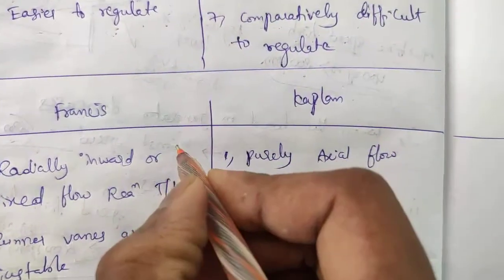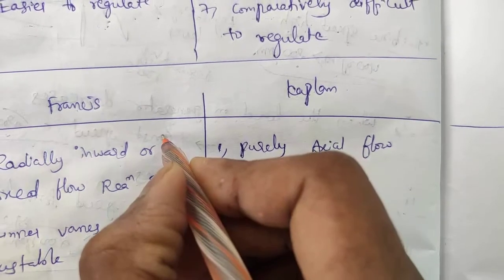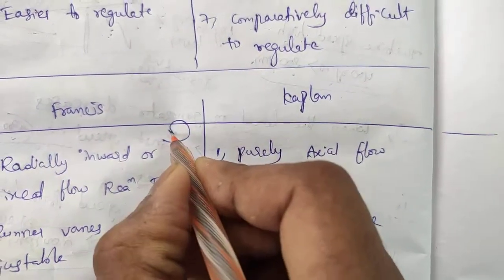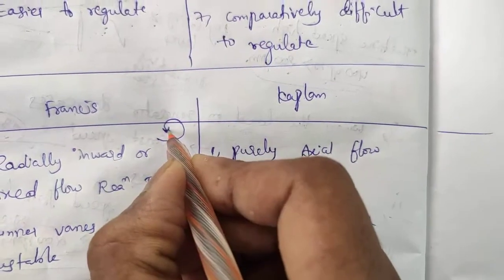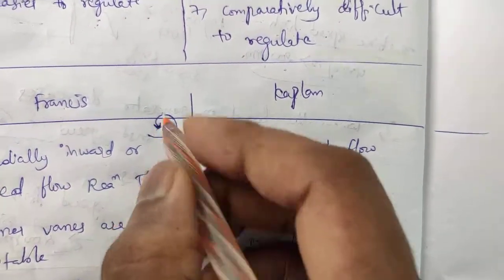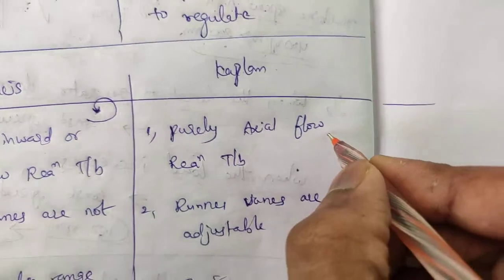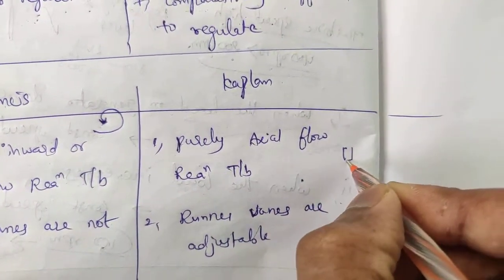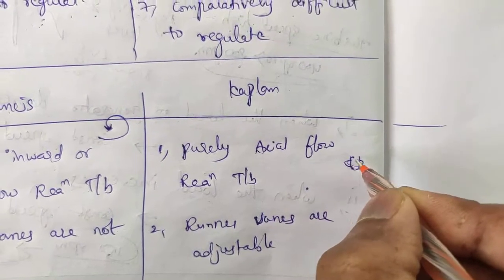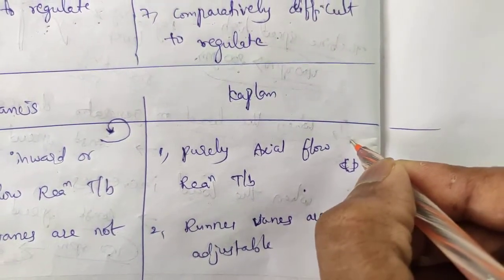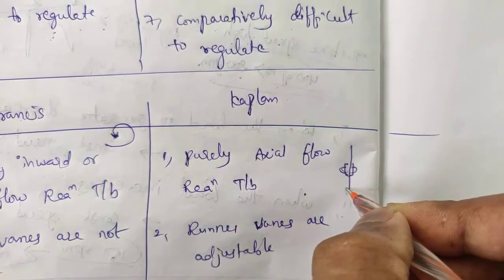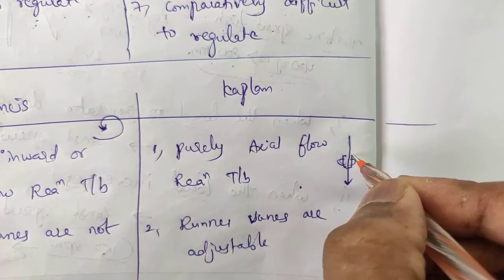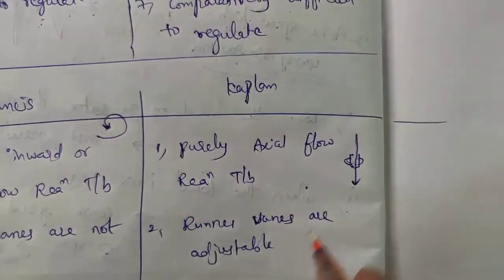In the Francis turbine, water enters circumferentially around the runner and exits axially through the draft tube. In the axial flow turbine, Kaplan turbine, this is the hub. The water comes axially and exits axially, that is parallel to the axis of hub.